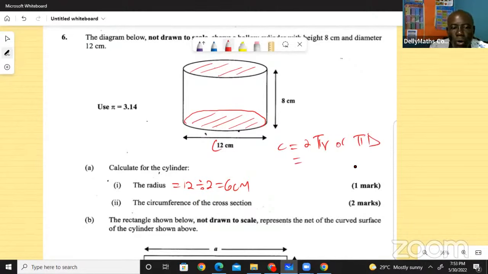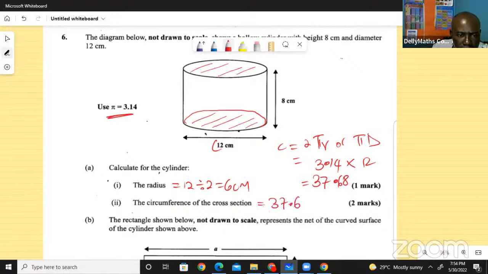So it is pi, which is 3.14, they told us to use pi as that, times the diameter, which is 12. So 3.14 times 12, and we're getting 37.68. So this is 37.68 centimeters. So that is the circumference.